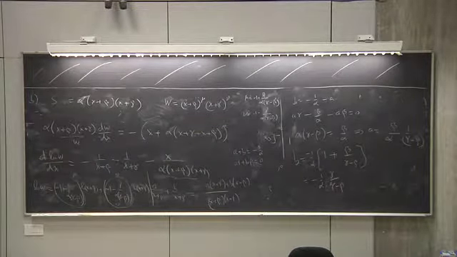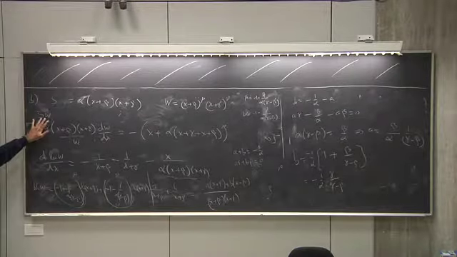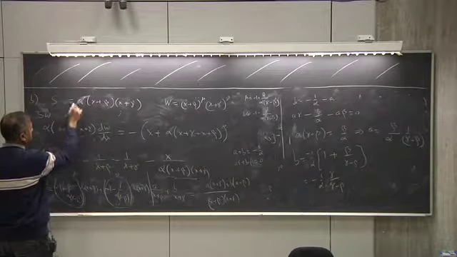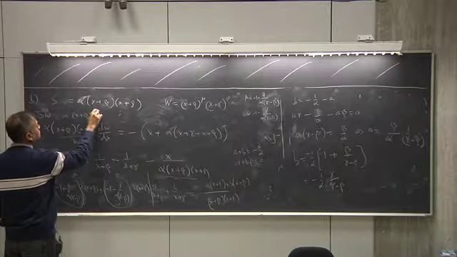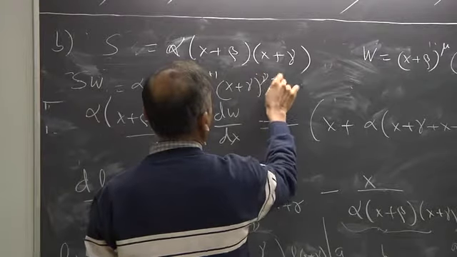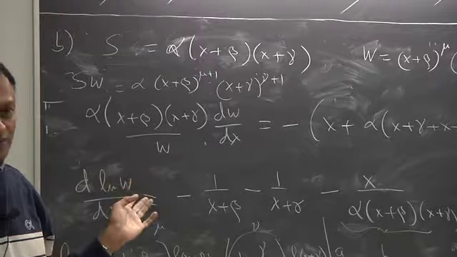Now finally the boundary condition. You see we have to look at S times W, which will just give you x plus beta up to some constant. Constant is not important. x plus beta to the power of mu plus 1 and x plus gamma to the power of nu plus 1. And we want this to vanish at the two endpoints.